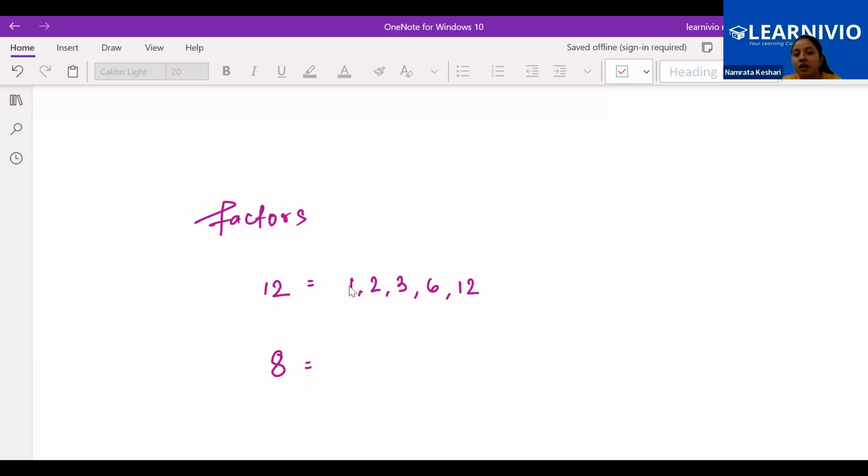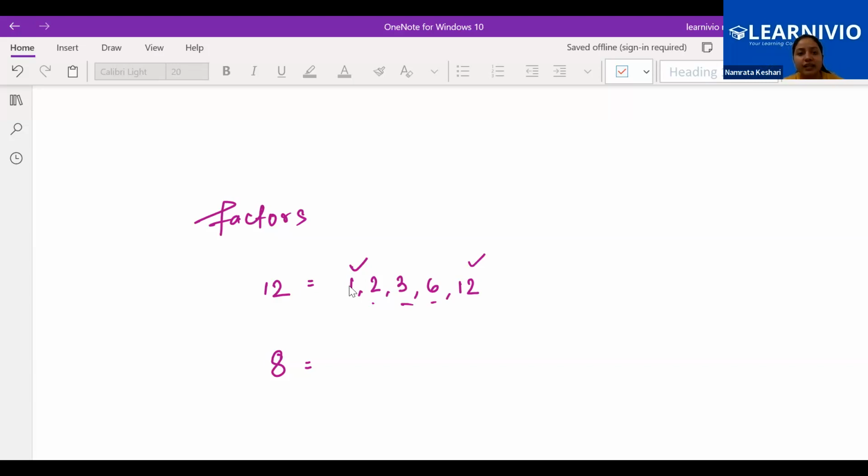And 12 itself can divide 12 completely. So apart from 1 and the number itself, there are 3 more factors of 12. Whenever we list the factors, there has to be the number 1 and the number itself. Those are the factors of a given number.